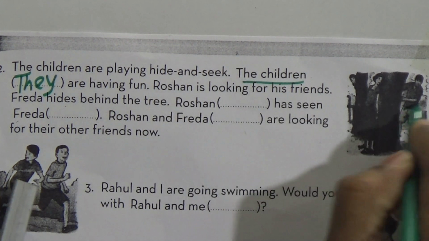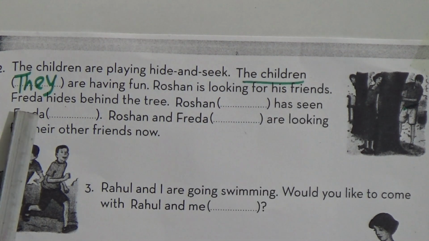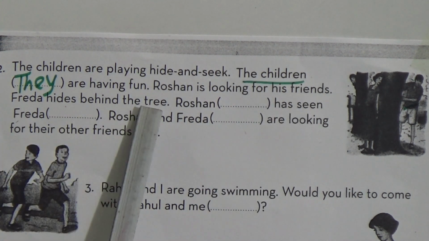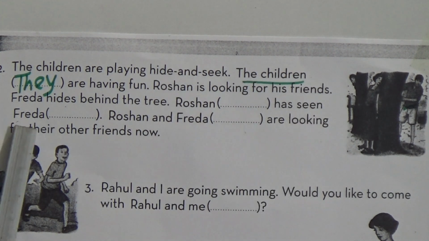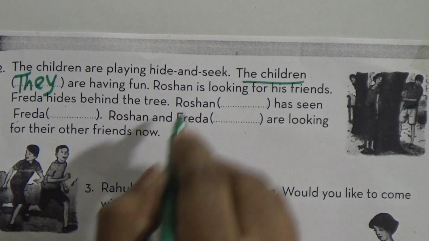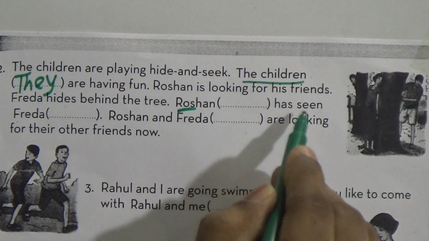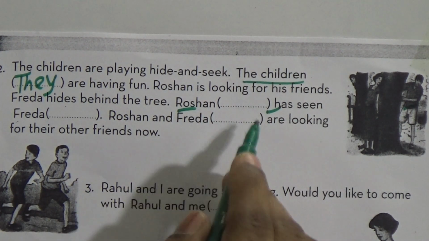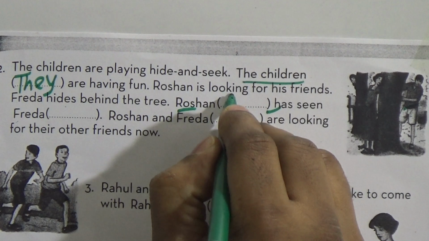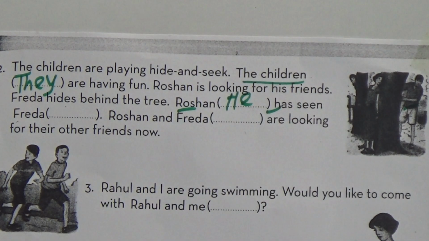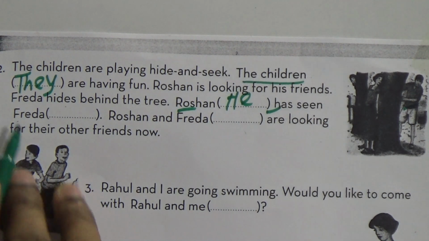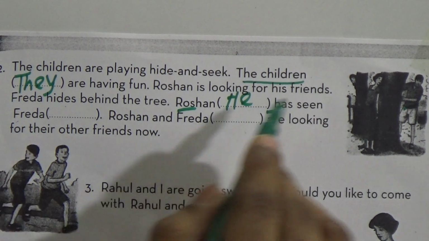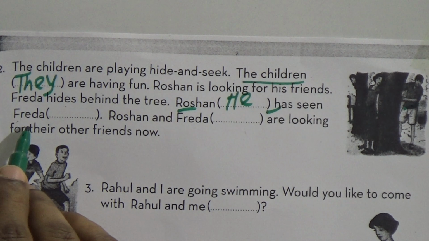Roshan is looking for his friends. So this is Roshan. Roshan is a boy. Fida hides behind the tree. This is Fida, a girl. Roshan has seen Fida. So Roshan is a boy and this is a subjective pronoun because it is before the verb, so we have to use he instead of Roshan. Fida is a girl and Fida is an objective pronoun here because after the verb we have to use the objective pronoun.